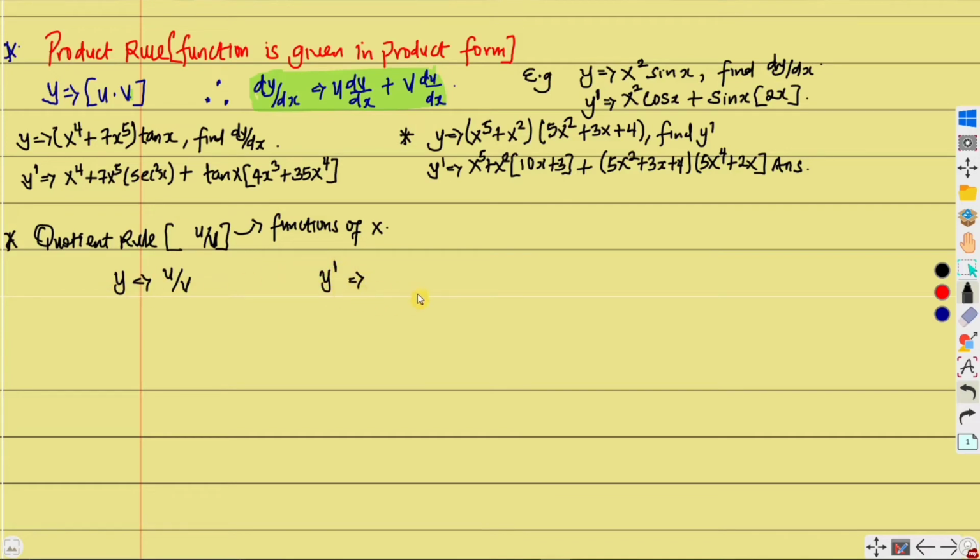What we do is take the square of the denominator, then we take the denominator the way it is, and differentiate the numerator u, and we subtract it by taking the numerator u the way it is and differentiating the denominator, which gives dv/dx. So to get dy/dx for a quotient, we take the square of the denominator and divide, then take the denominator the way it were, take the derivative of u, which is du/dx, and subtract the numerator the way it were, times the derivative of the denominator, dv/dx.